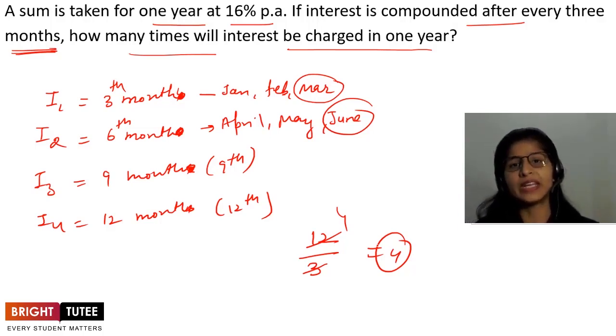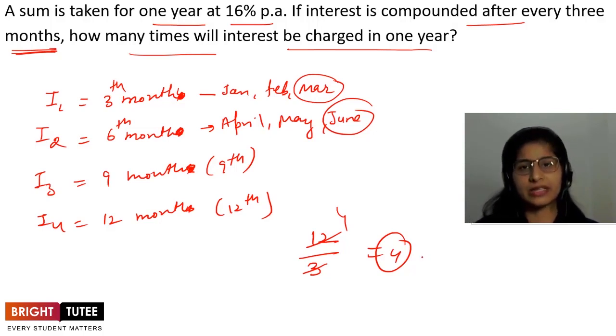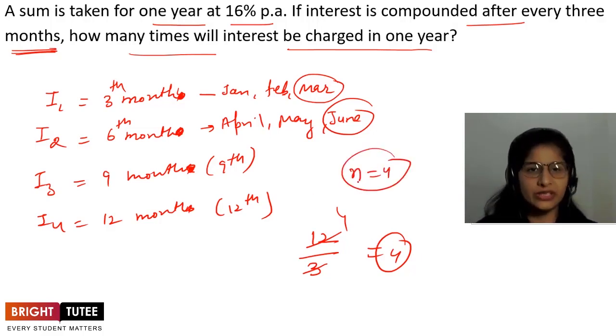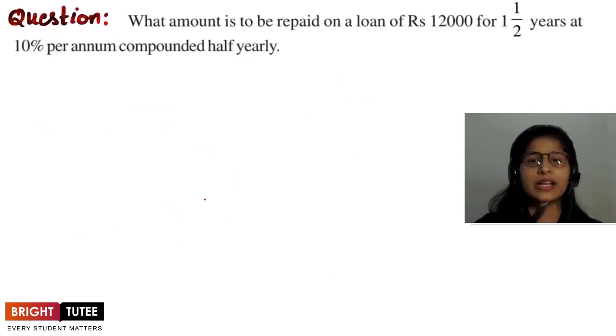So n is equal to 4, so 4 times it will be charged. After the end of every 3 months it will be charged. First 3 months, then second 3 months, then next 3 months, and then at the end of the year. Clear? Let's go with the next question.